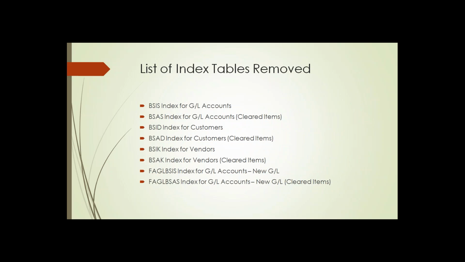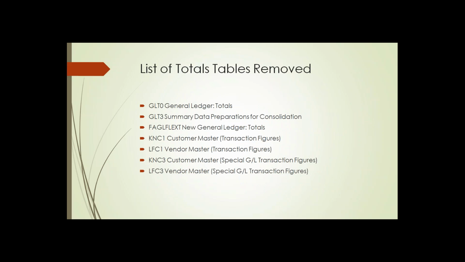So I think this is a list of tables which were removed and created as HANA compatibility views. BSIS, BSAS, as I told you, BSIK, BSAK, FAGL_BSIS, FAGL_BSAS. These are all index tables. Similarly, these are all my totals tables which are removed.